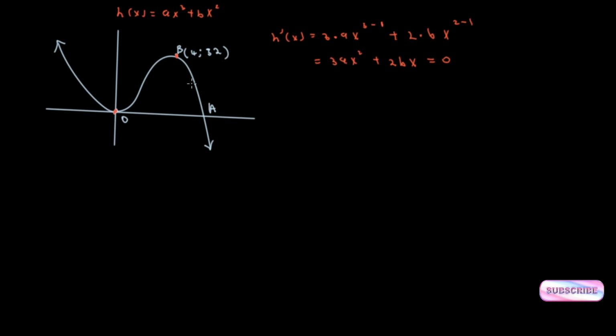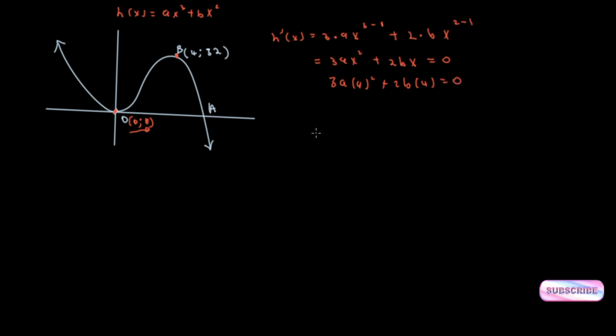So substitute the value of x that you like. I would advise you not to substitute this value here. We know it's a turning point, but it is insignificant because all the values are 0. So we can say 3 multiplied by a multiplied by 4 squared plus 2b multiplied by 4 equals 0.